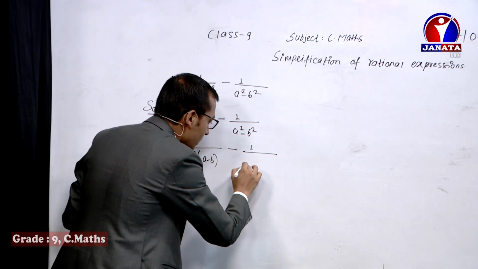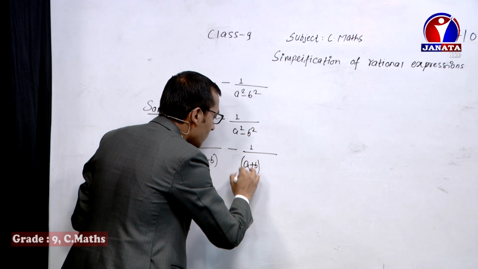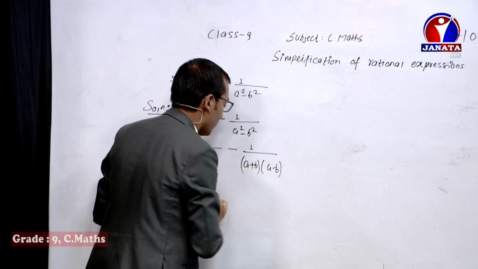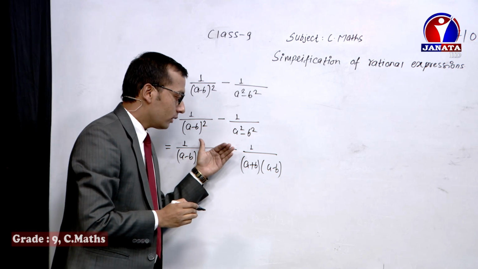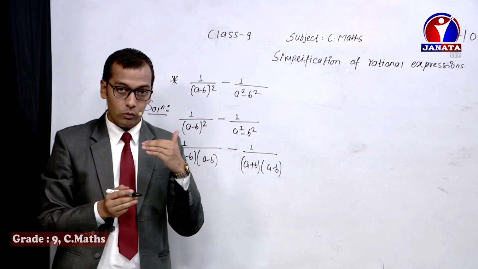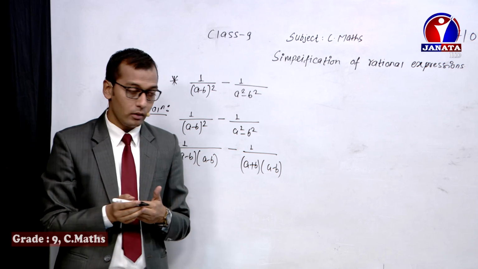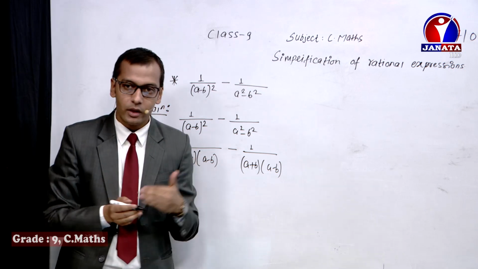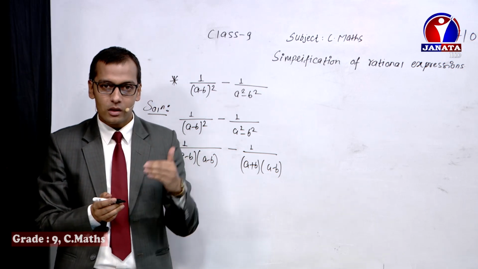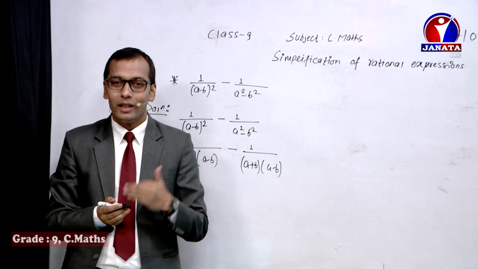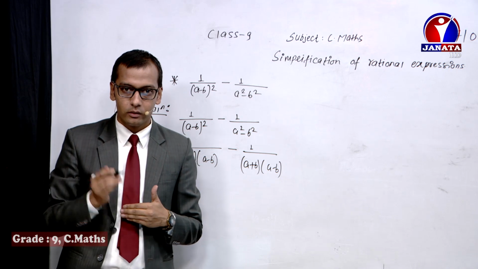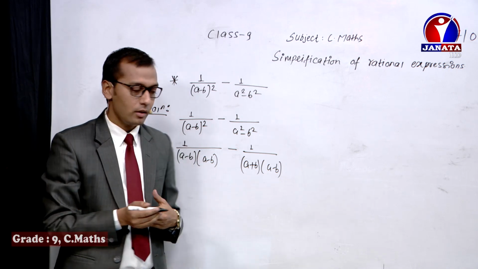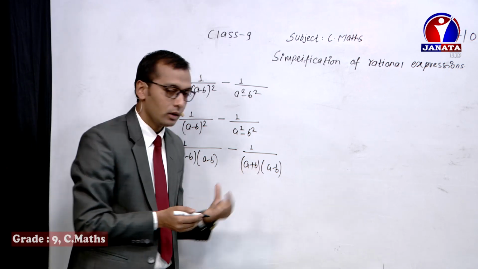We can factorize a plus b times a minus b. After this, we need to take LCM of the denominators. So while taking LCM of the denominator, first of all, what is LCM? LCM is common factors times remaining factors from both denominators.